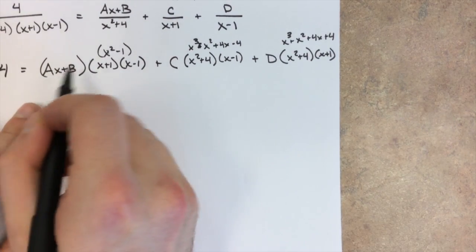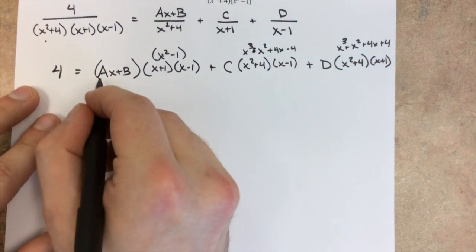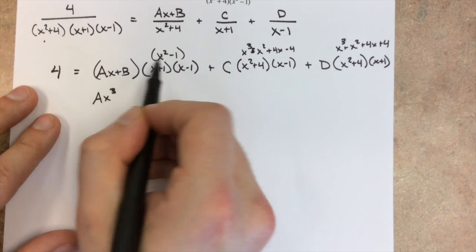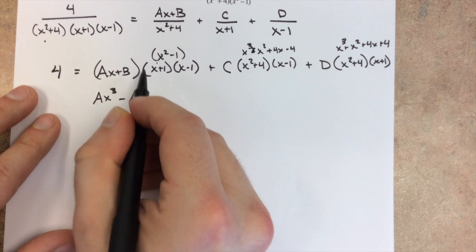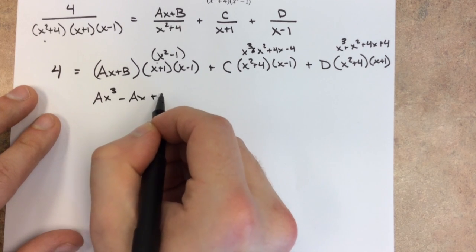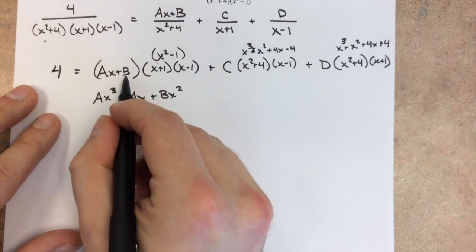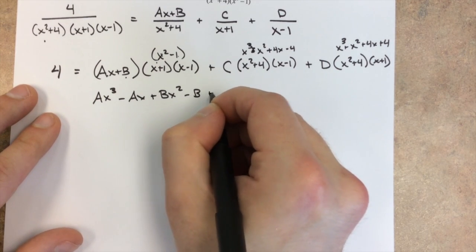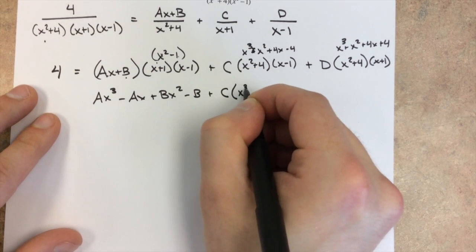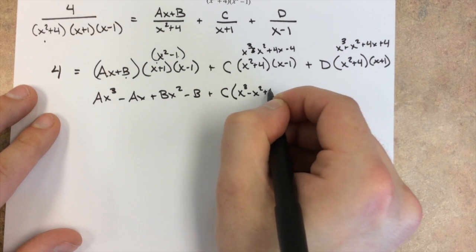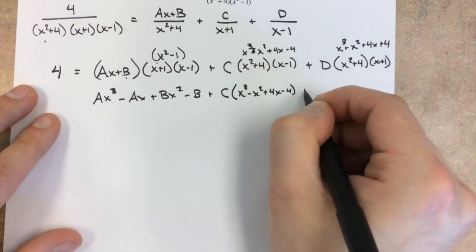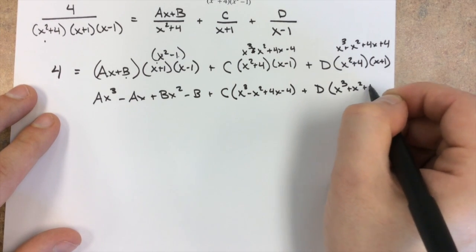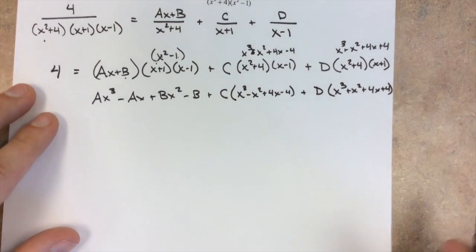Last but not least, FOIL this out. So I have ax times x squared, so ax cubed, ax minus ax plus bx squared minus b. And then I'm just going to write these last ones, plus c times x cubed minus x squared plus 4x minus 4 plus d times x cubed plus x squared plus 4x plus 4.